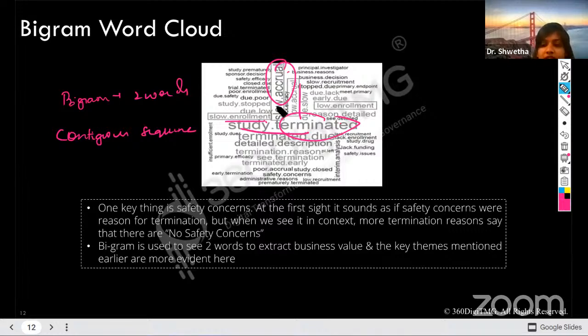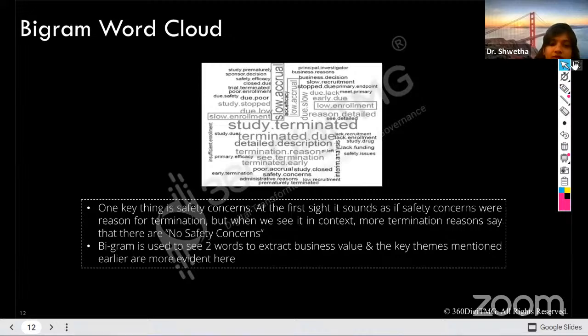Okay. So, a contiguous sequence of two words from the example. So from here, one key thing is safety concern. At first sight, it sounds as if safety concerns were a reason for termination.